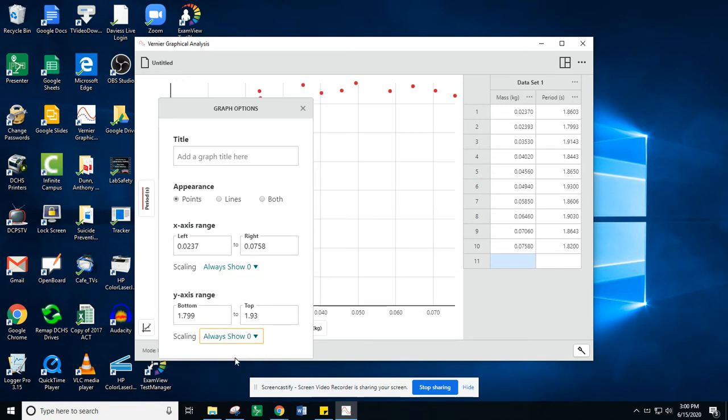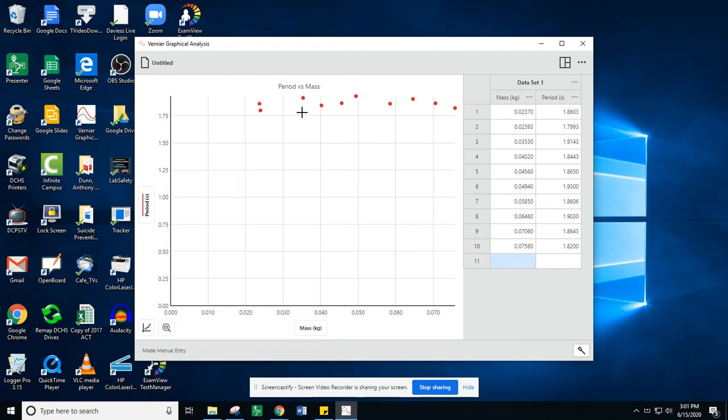Always show 0. Now we have a better representation of what's going on. Also, while we're here, we could add a title. It's always what's on the vertical axis versus what's on the horizontal axis. And now let's look at it.